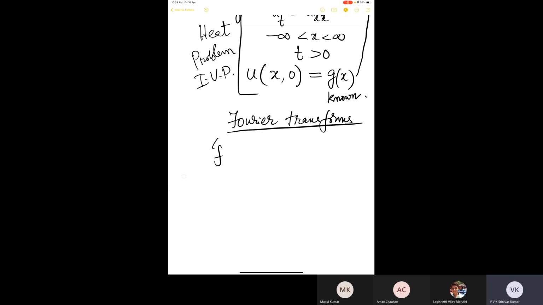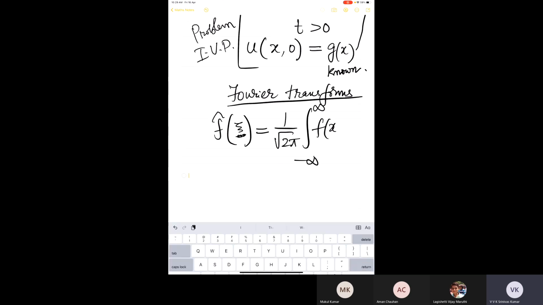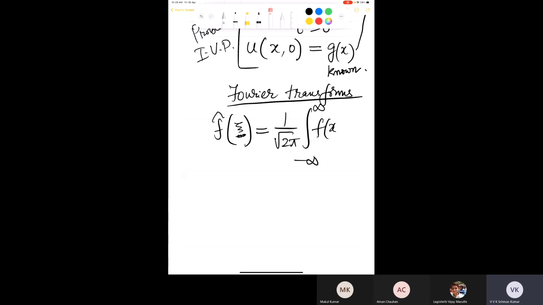You know what a Fourier transform is? It is defined by f hat of xi equal to 1 upon square root 2 pi, integral from minus infinity to infinity of f of x, e to the power minus i x xi, dx. This is the definition of the Fourier transform.